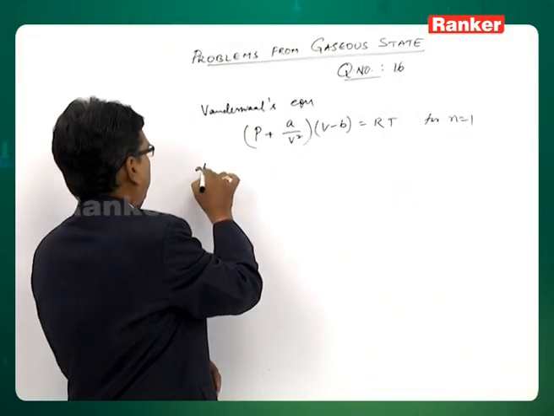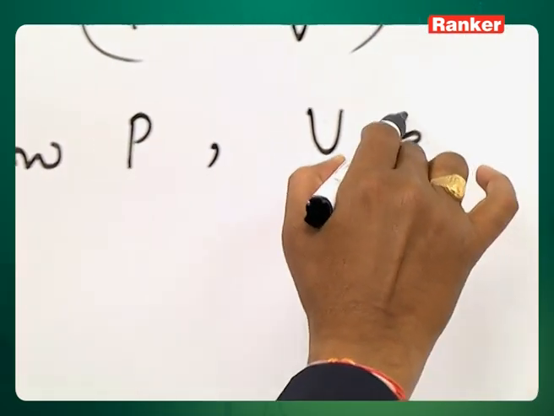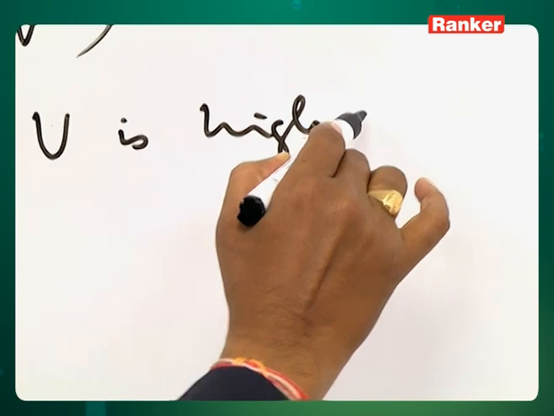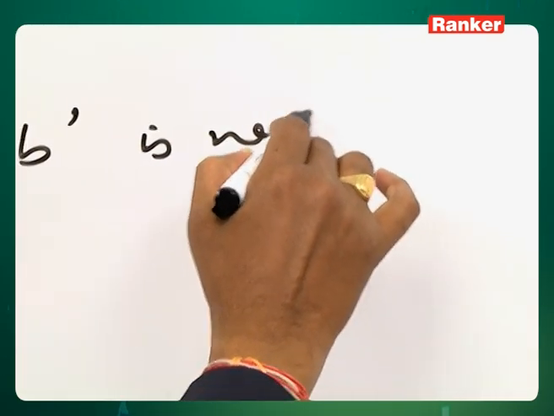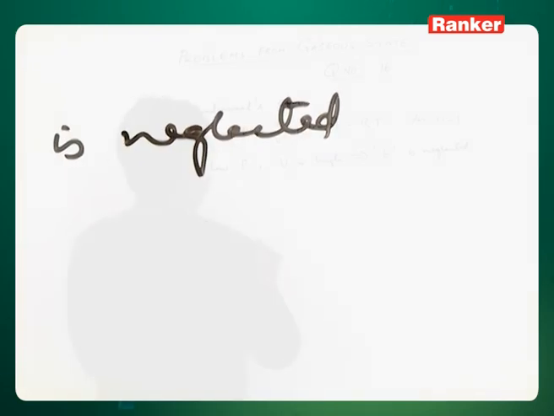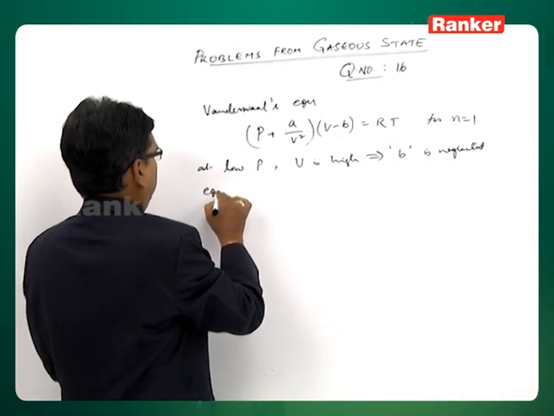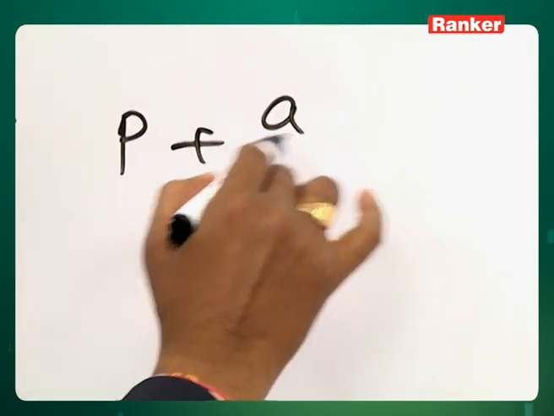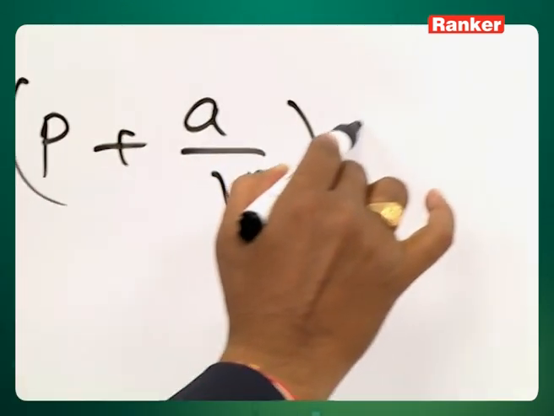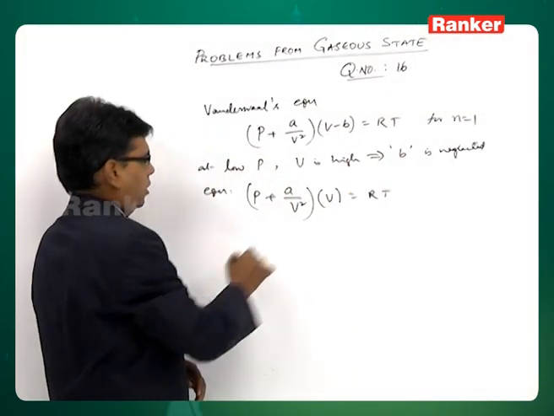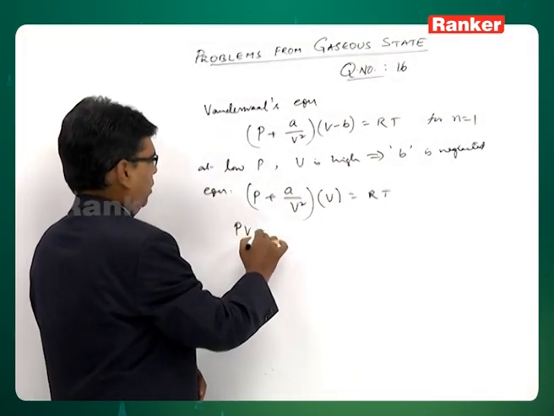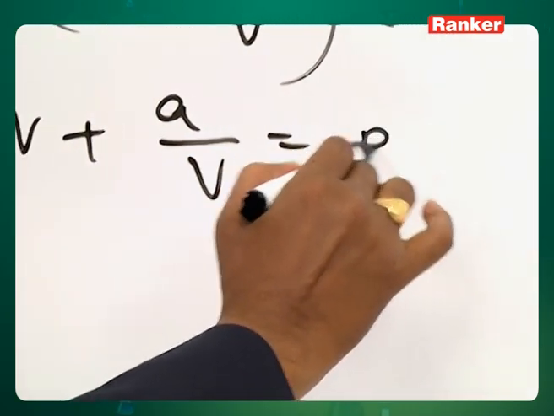Now, at low pressure the volume is very high, so B is neglected. When B is neglected, the equation changes to P plus A by V square into V is equal to RT. If you expand it, we get PV plus A by V is equal to RT.